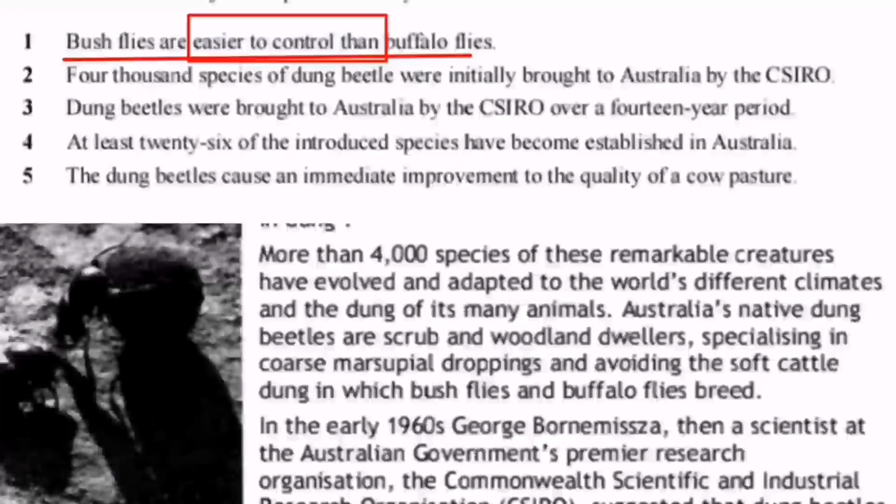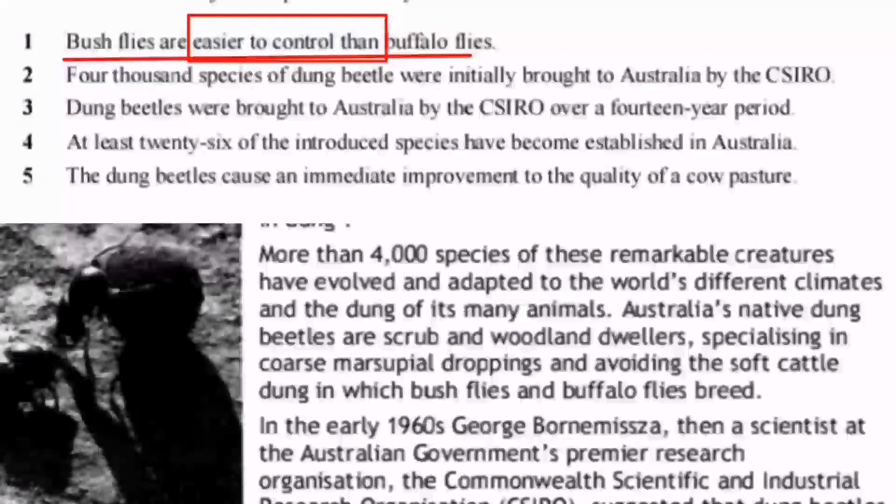So we have found the two types of flies: bush flies and buffalo flies. After reading the paragraph, we can say that dung beetles spend their whole life eating and breeding. Then we have read that 4,000 species of beetles adapted to different climate zones in the world.